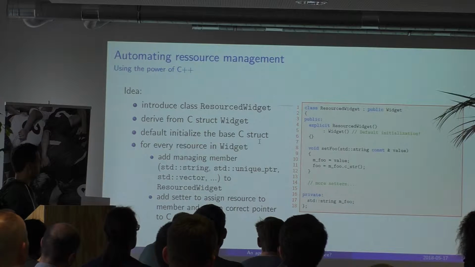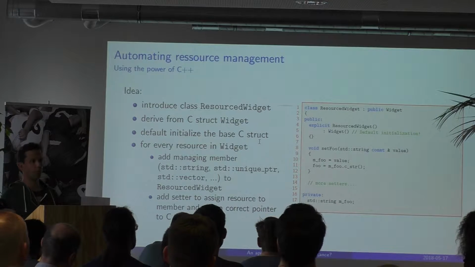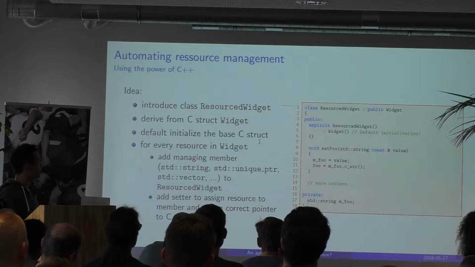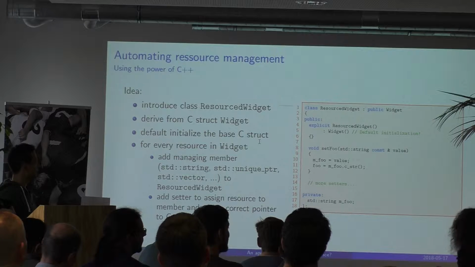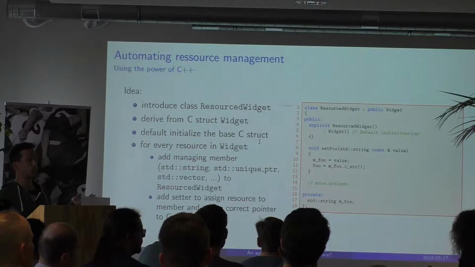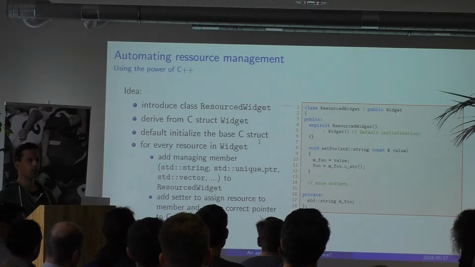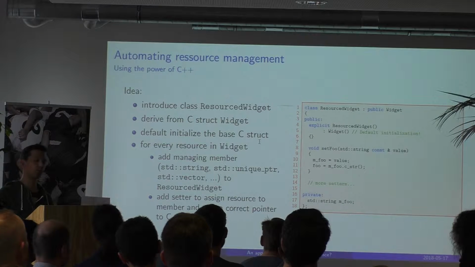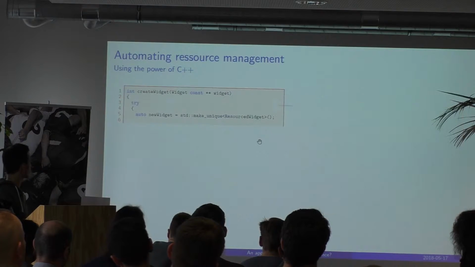In the end, this makes a class which pretty much feels like C++. And it's not error prone anymore, because of course the destructor cleans up our resources by destroying our resource managing members.